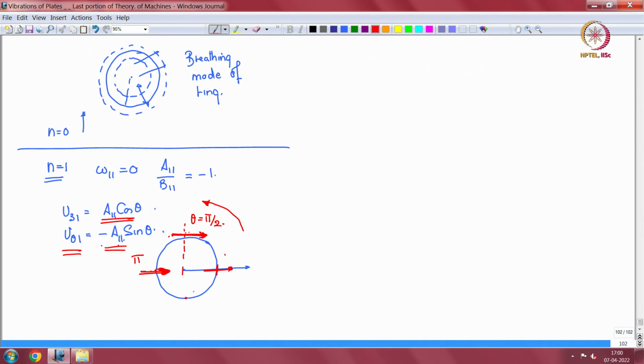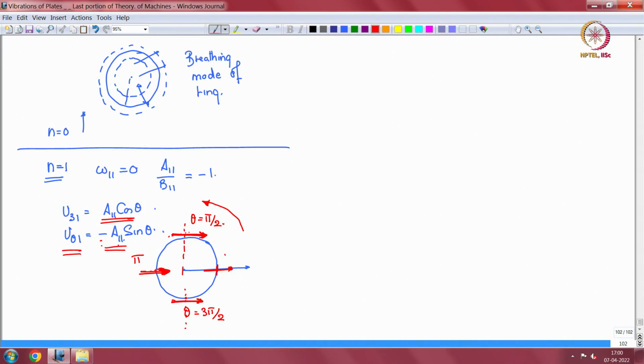And at 3 pi by 2, cos 3 pi by 2 is 0, so there is no radial movement, whereas sin 3 pi by 2 is negative. So that negative and this negative make it positive, so I get a positive torsional movement.